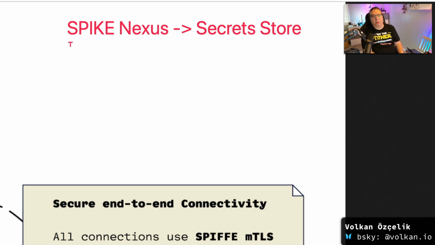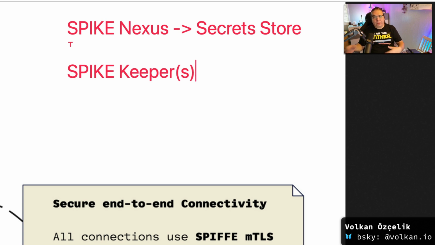And the other component is Spike Keeper. In a typical Spike architecture, we have multiple keepers that talk to each other in a gossip-like protocol to share the root key, essentially. Until this time, each keeper was holding a single copy of the root key.